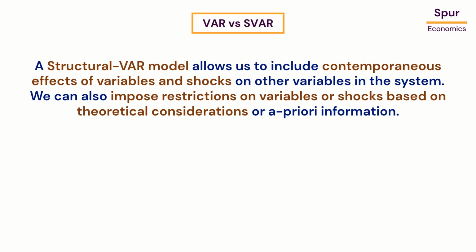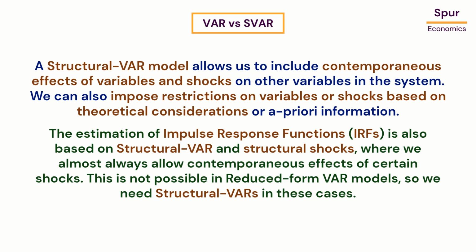We can also impose restrictions on variables or shocks based on theoretical considerations or a priori information. The estimation of impulse response functions is also based on structural VAR and structural shocks, where we almost always allow contemporaneous effects of certain shocks. This is not possible in reduced form VAR models, so we need structural VARs in these cases.